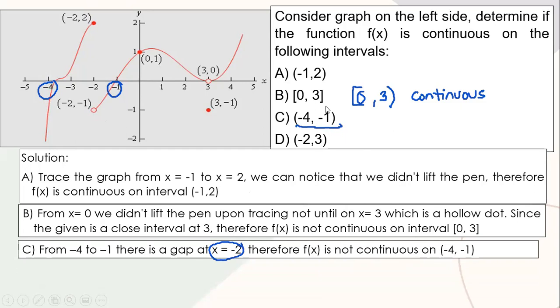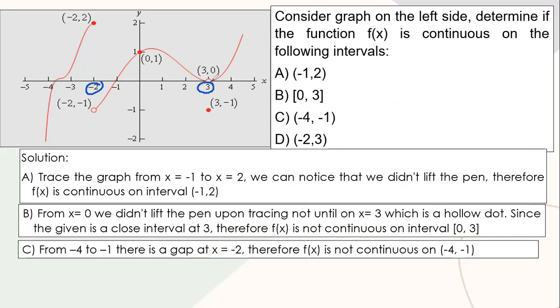For the last item, for interval -2 to 3 naman, so -2 hanggang 3. Okay, so we have an open interval. So hindi included si -2 and si +3. So we will trace the graph from the right of -2, up to the left of +3.